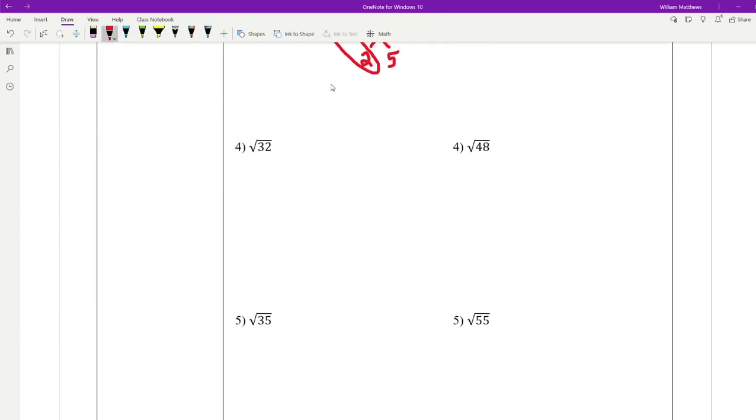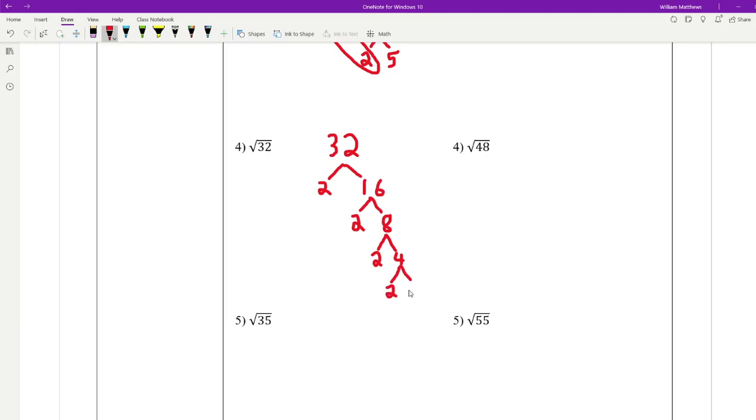To show a couple more examples, we can do it with 32. It's an even number, so I can break this down with 2 and 16. 16 is even, so I know it's a multiple of 2, and this will be with 8. 8 is even, yet again: 2, 4.